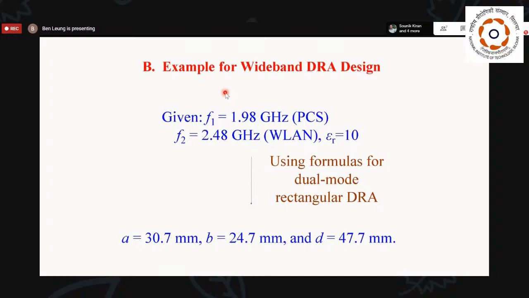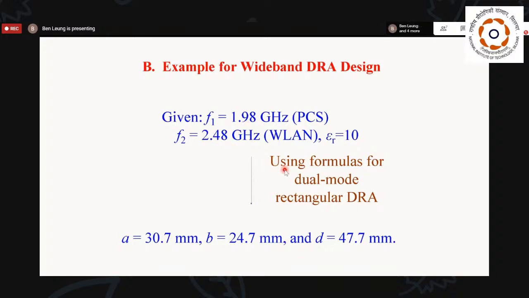Okay, next we consider an example for a wideband DRA design using the engineering formulas. Now here, to have the wideband design, the idea is to merge two resonant modes together. So here we have two resonant frequencies which are not too far away from each other, 1.98 and 2.48.